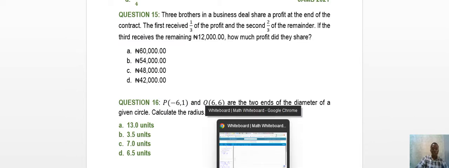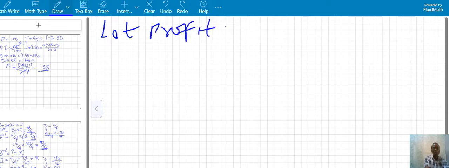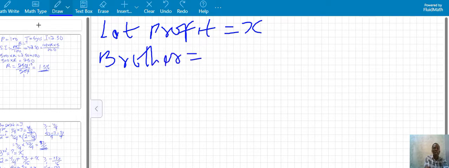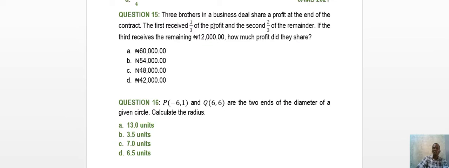Question number 15. Let's go straight to the board. Remember, we'll have to let the total profit the brothers get be equal to X. If X is the total profit the brothers have, remember, they say brother 1 has 1 over 3 of the profit.